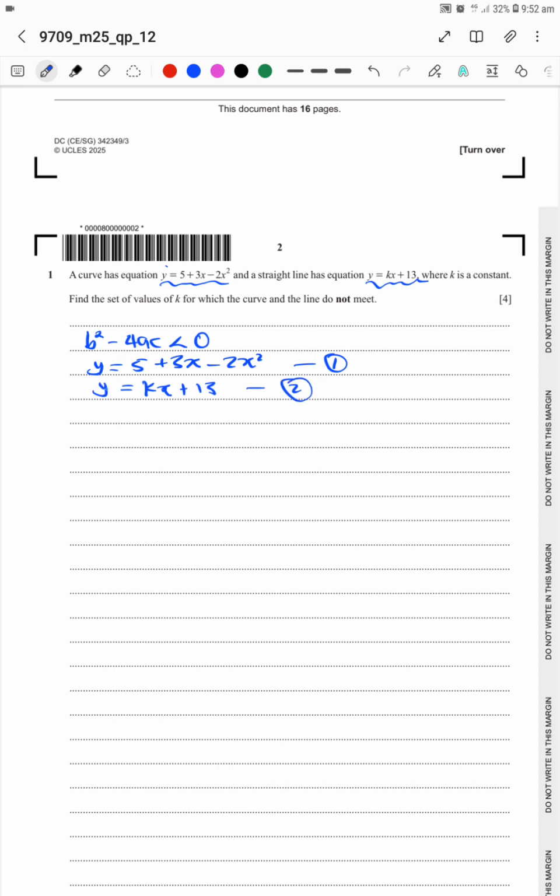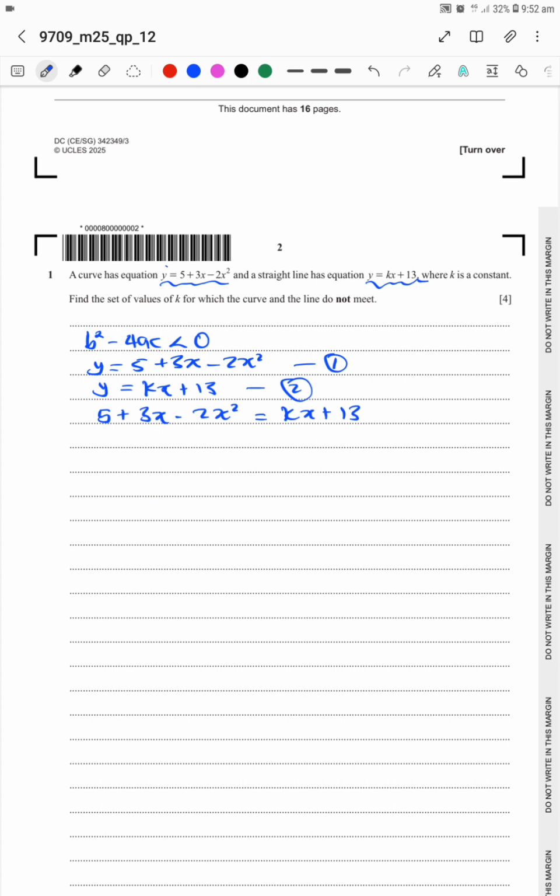Since in both cases y is the same, we can just equate the two equations. So we can say that 5 plus 3x minus 2x squared is equal to kx plus 13.